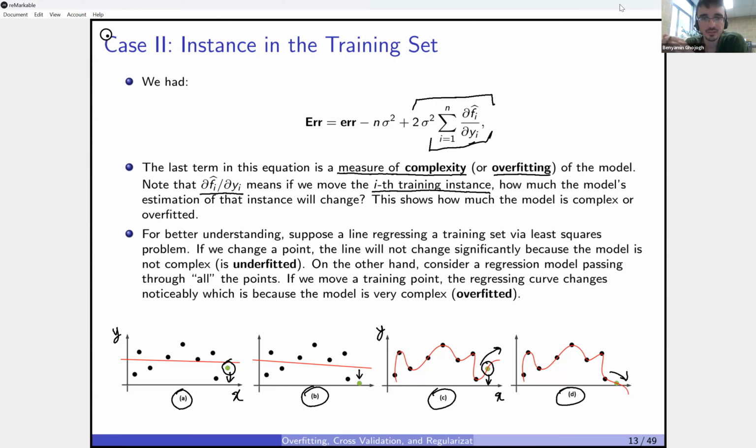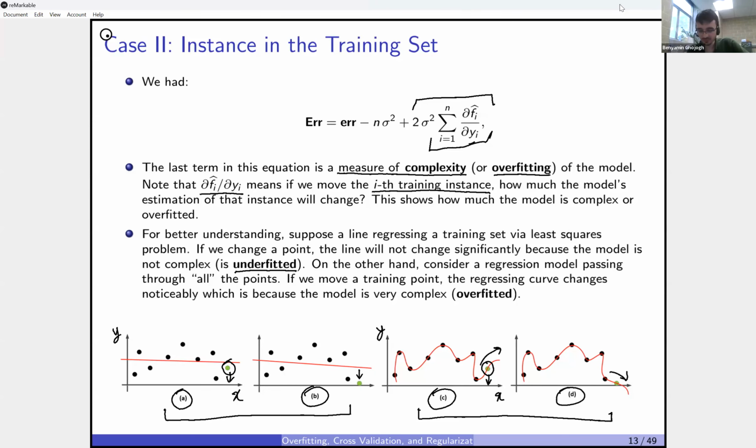Okay. For better understanding, suppose, as I said, linear. So the linear model here is underfitted. These two cases, A and B, are underfitted. These two cases, C and D, are overfitted. Okay. There is a middle case scenario where we have a good fit. So underfit is bad. Overfit is also bad.